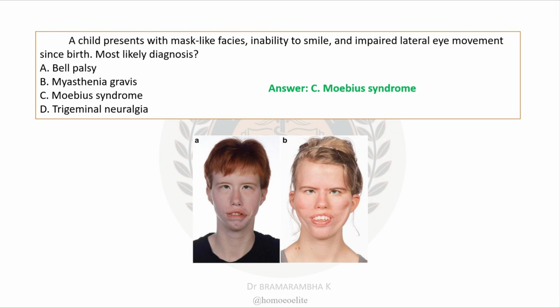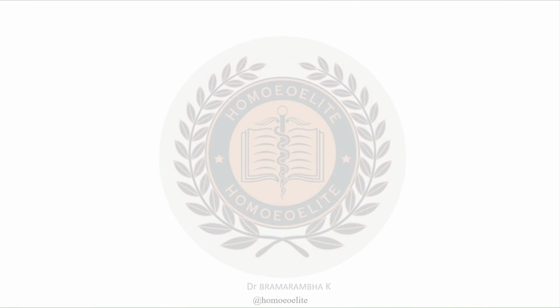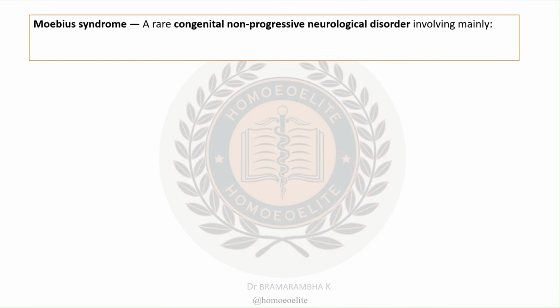In myasthenia gravis, mainly you will see ptosis of the eyelids, diplopia, and fatigability of the eye. Where there are permanent changes, it is mainly to do with Moebius syndrome. So what happens in Moebius syndrome?